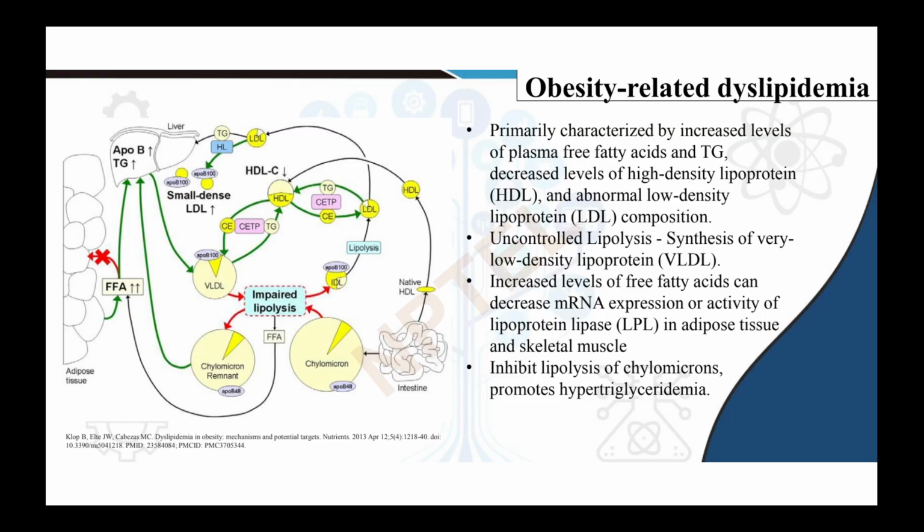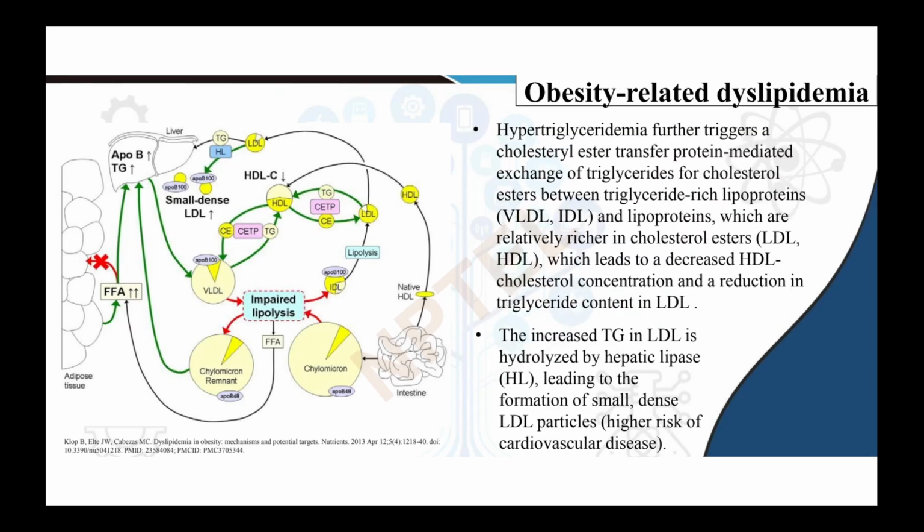So the characteristic feature is low HDL and LDL, and high triglycerides. Okay. So hypertriglyceridemia further triggers the cholesterol ester transfer protein mediated exchange of triglycerides for cholesterol esters between the triglyceride rich lipoproteins, that are VLDL and IDL, and lipoproteins which are relatively richer in cholesterol esters.